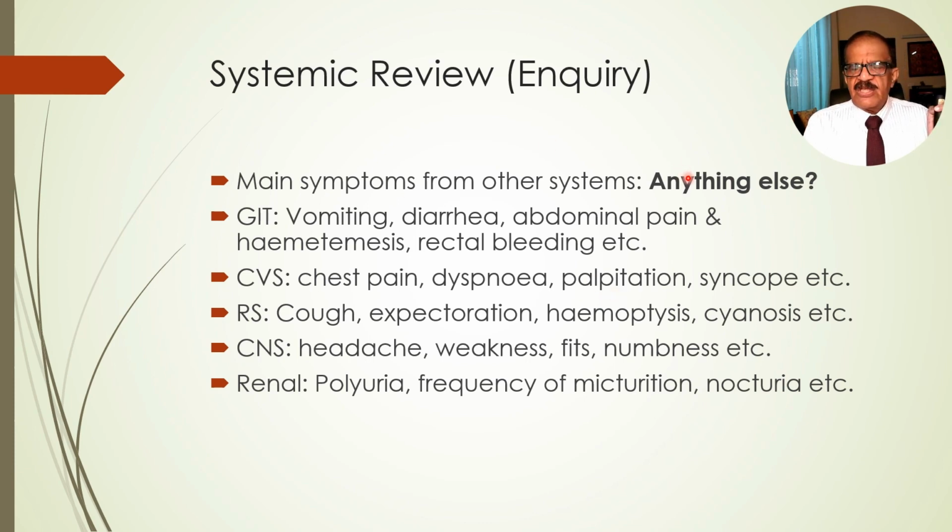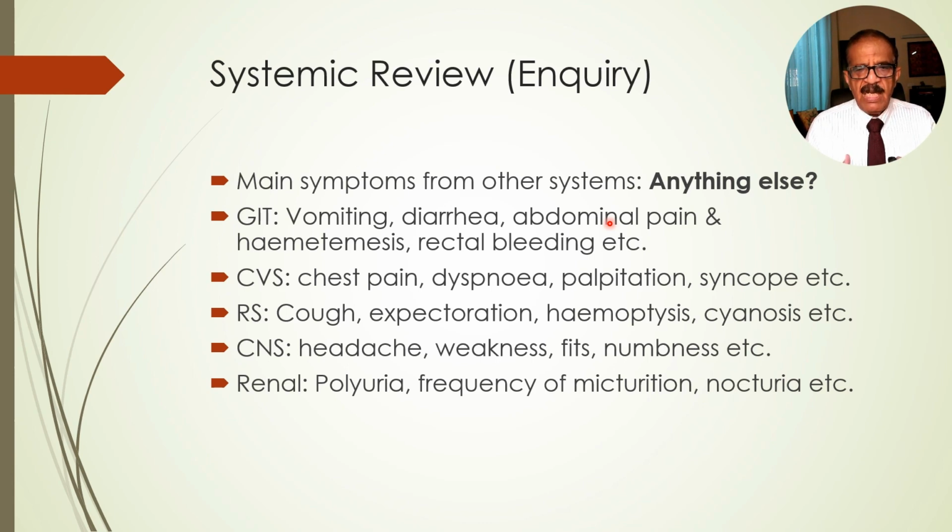Now, in systemic review or systemic inquiry, in the history of present illness the patient would have covered all the presenting symptoms, and when you encourage the patient, other relevant symptoms from the same system would also be covered. But then there may be some additional symptoms from another system which the patient might not have even mentioned, but they could actually be important and sometimes lead to the right diagnosis.